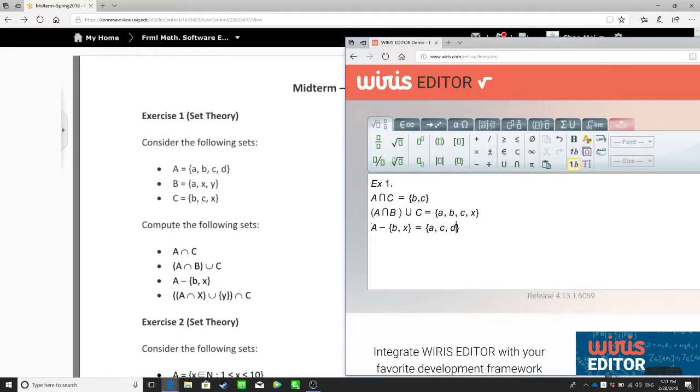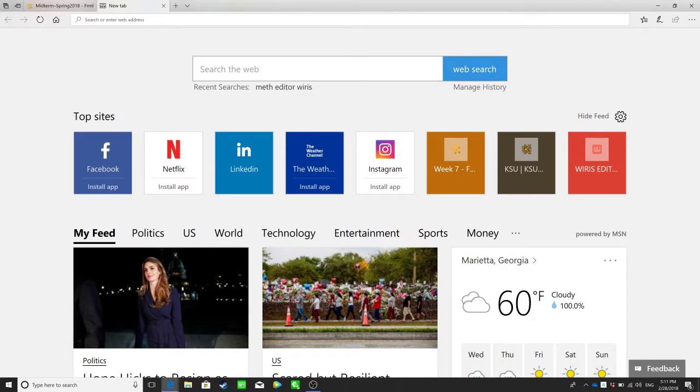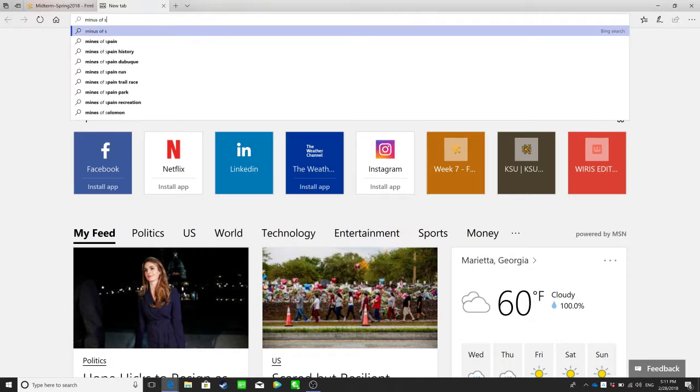One thing that might be a bit confusing is that x is an element that is only in the second set but not in the first set, right? So this x over here, you don't need to worry about that at all, because whatever those two sets have in common, remove them from A. So this will be more clear with the minus of sets.